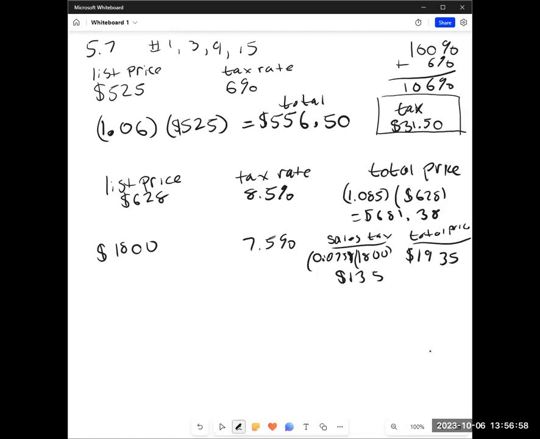A cell phone costs $418. The charger costs $14. Battery costs $6. What is the sales tax and total price for these items if the sales tax rate is 7%?